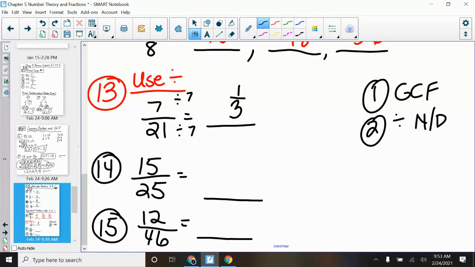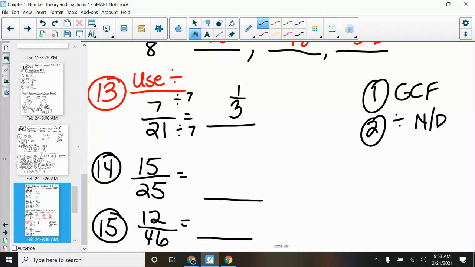5? No, because it doesn't have a 5 or 0 in the ones place. 6? Remember the 6 rule. What's the 6 rule? It won't work because it doesn't work for 3. Good. So 7. Is 7 times anything 46?